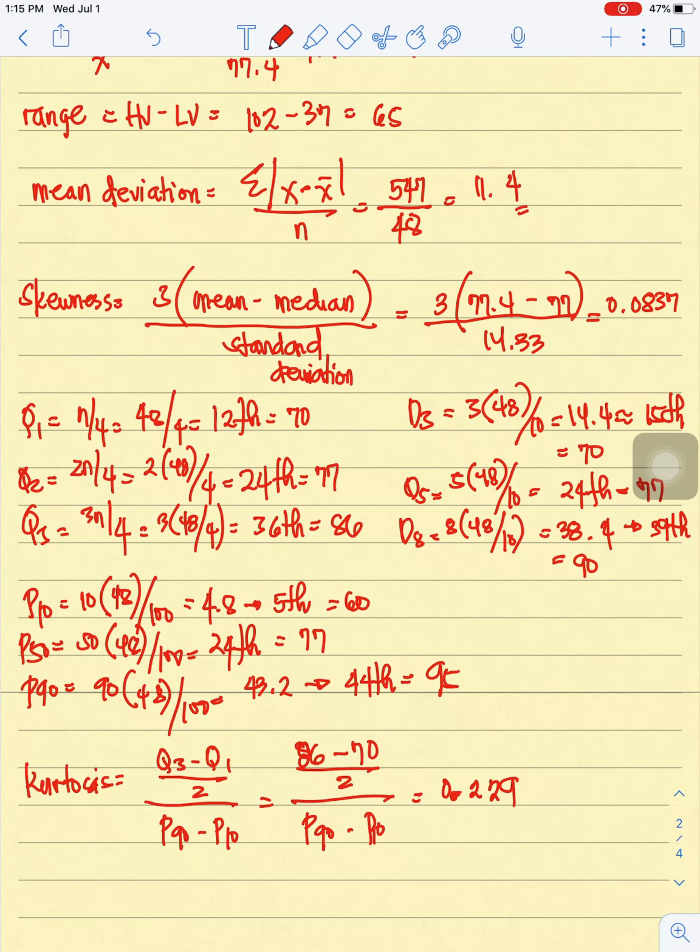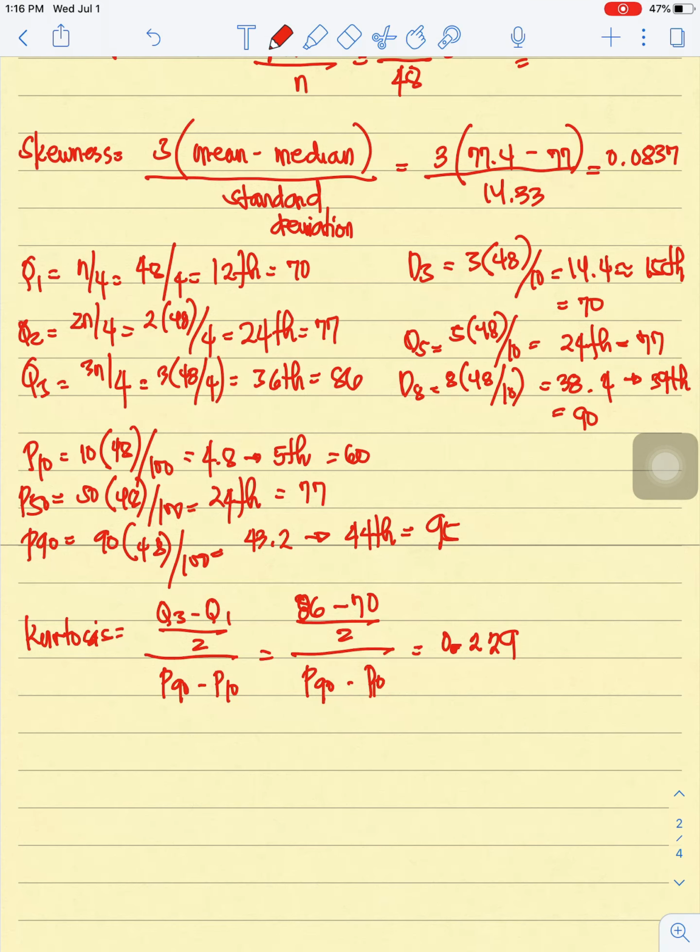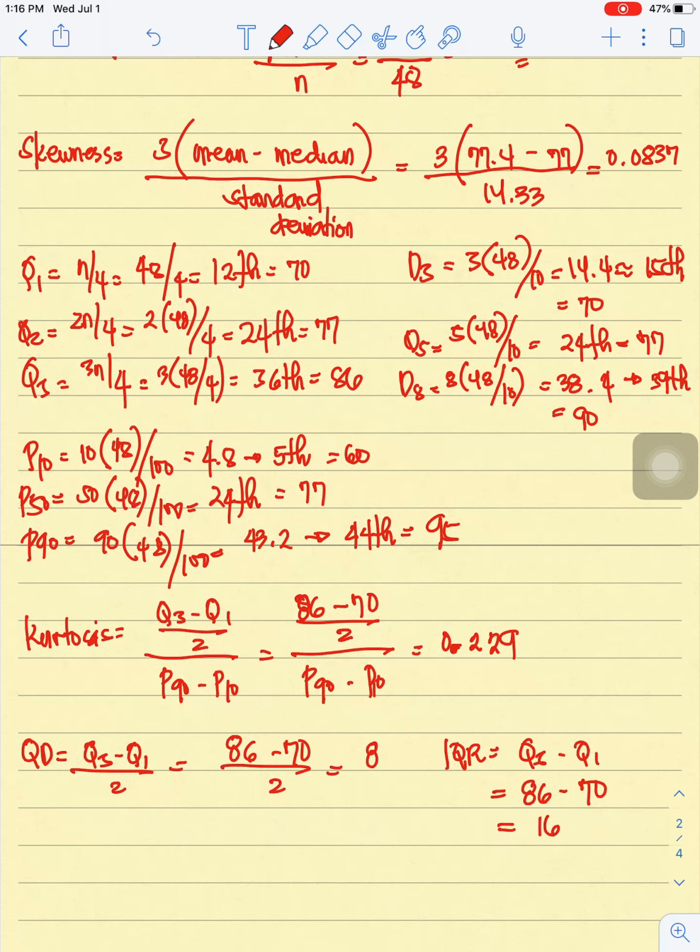Remember, this is for our QD, that is Q3 minus Q1 divided by 2, and this is equal to 86 minus 70 divided by 2. We have there 8. Then another one is the IQR, or the interquartile range, that is Q3 minus Q1, equal to 86 minus 70, and that gives us 16.